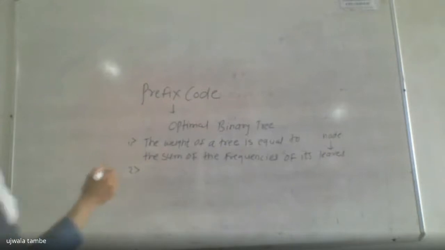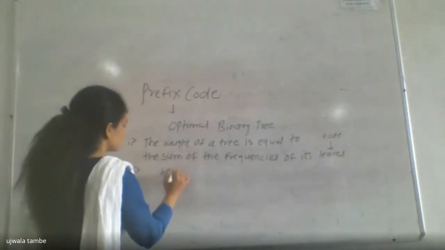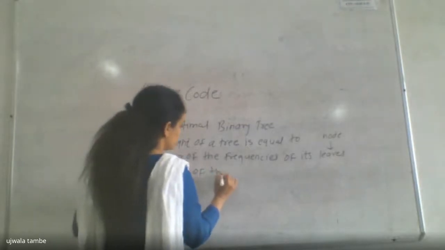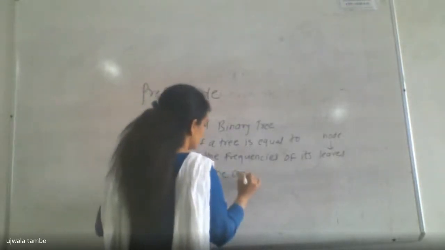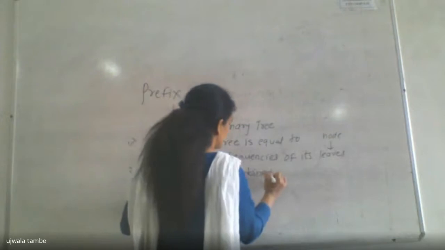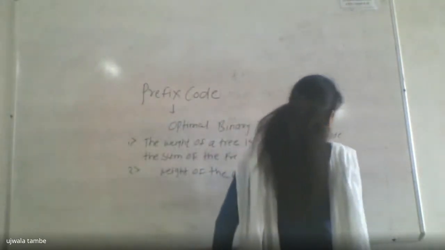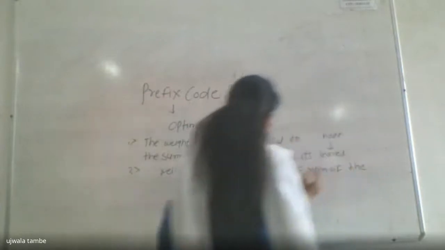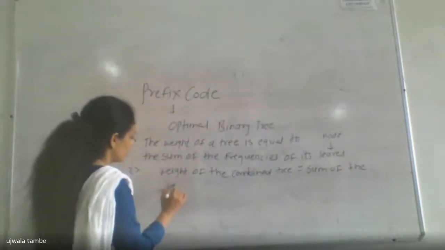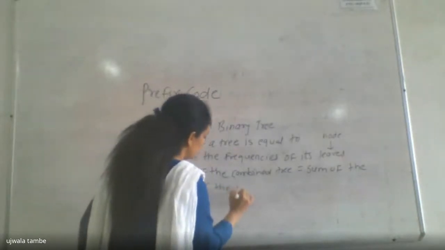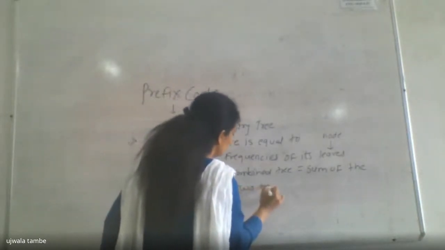The weight of the combined tree is equal to the sum of the weights of the two trees.